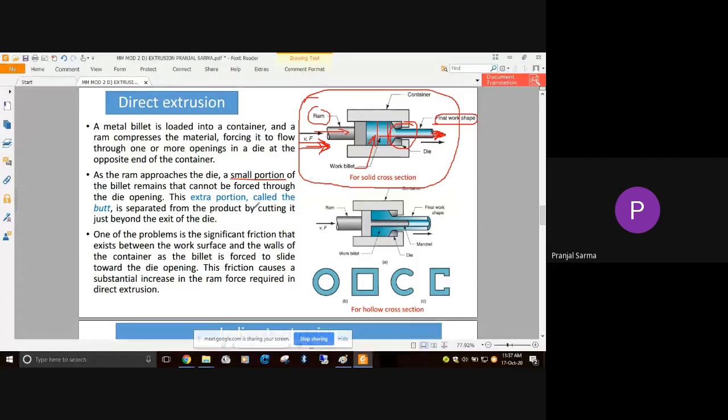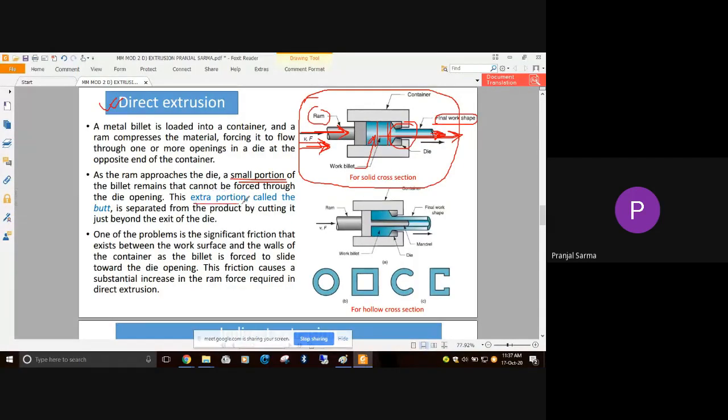Okay, so now in this case, direct extrusion, what basically happens? Here you can see the direction of ram travel and the direction in which the final workpiece is coming out are the same. That is one of the characteristics of direct extrusion. As we have seen, towards the end of the extrusion, a small portion of the billet remains, which cannot be forced through the die opening.